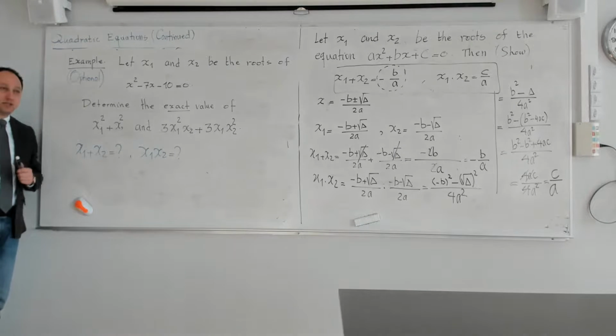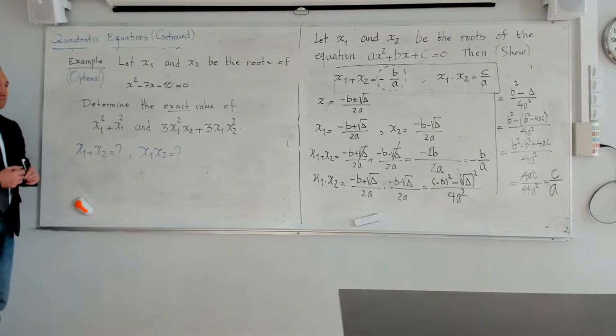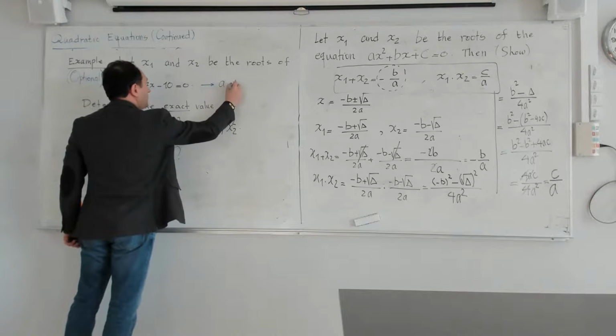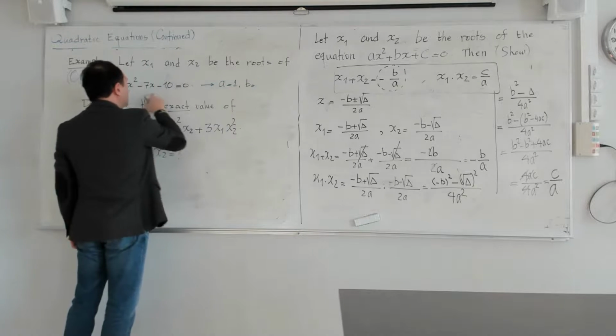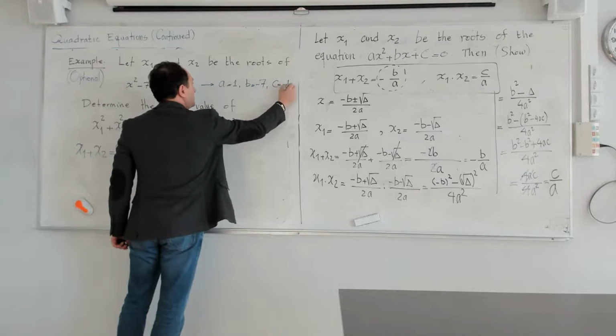What is the answer to the first question mark? Can you tell me what are A and B and C? A is 1, B is -7, C is -10.